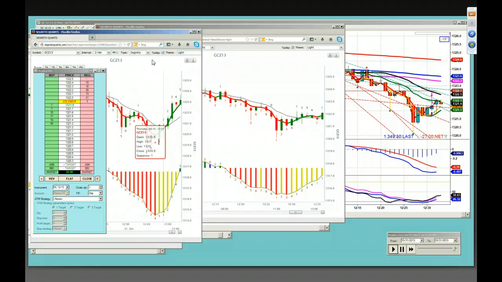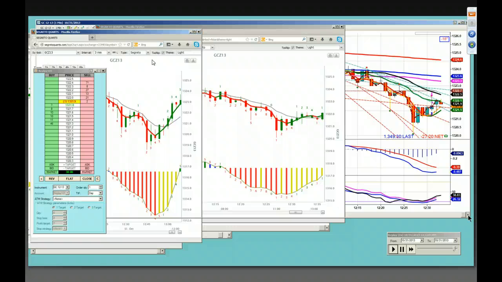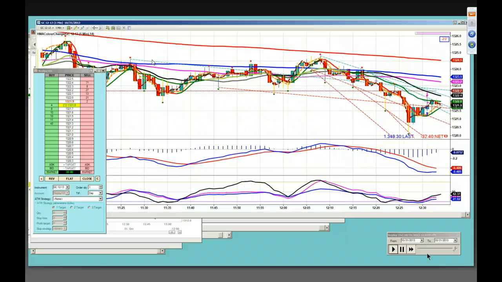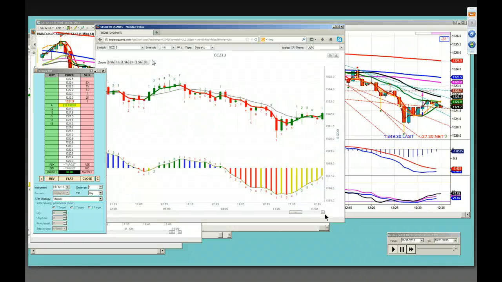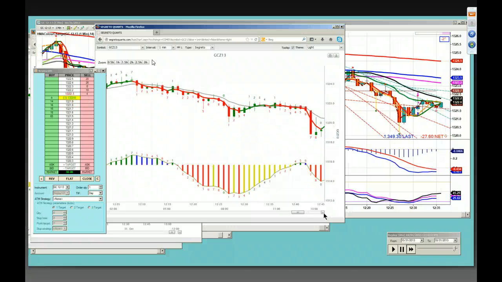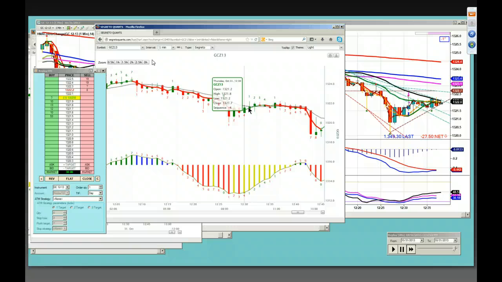So let's speed it. I'm going to fast forward a little bit here. As you can see, we did actually have a very nice little retracement, and guess what happened? Leftover momentum in the market, because that was just a retracement. Look, number 7 or 8.